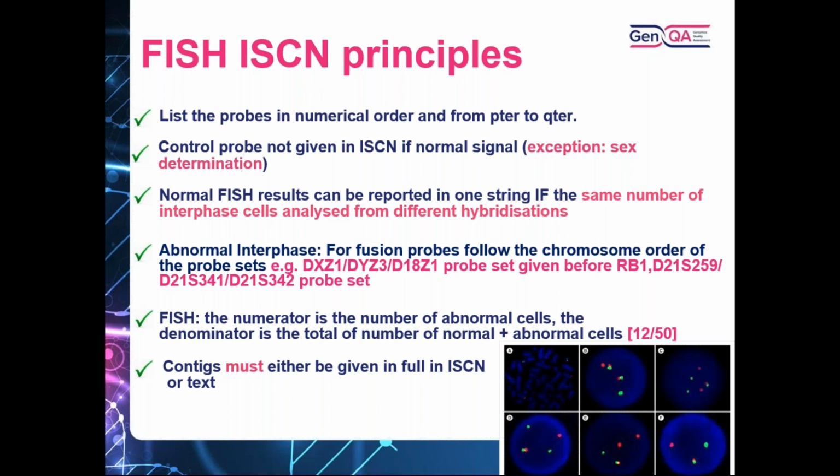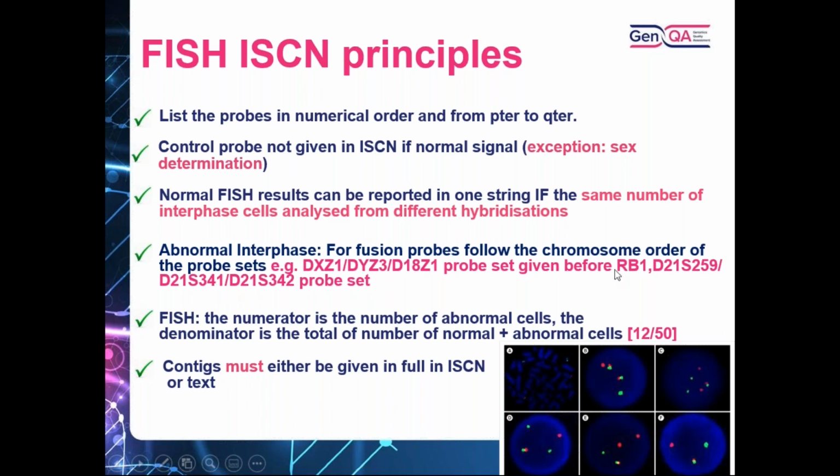So you have to keep them within the probe sets. So the X and the Y and the 18 probe set is given before the 13 and the 21. Yes, 18 is after 13 and 21, but it's part of this probe set. So this is given first, followed by RB1 and the probe set for chromosome 21.